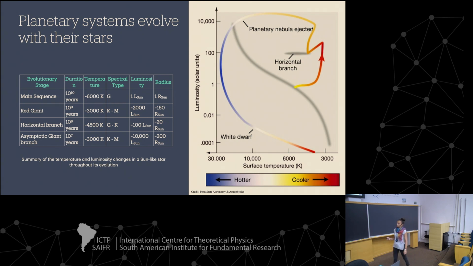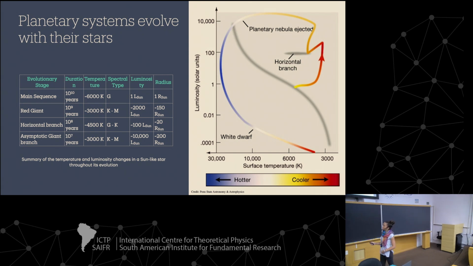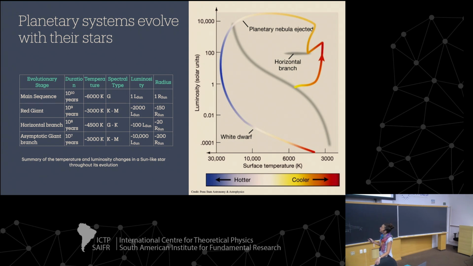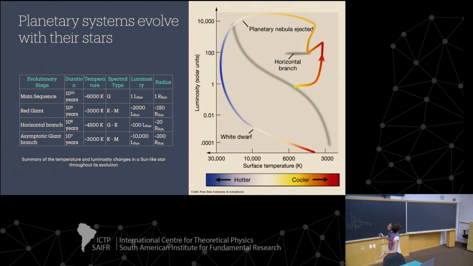Just to give you an idea, these are typical values for a sun-like star, and have a look at the radius evolution. In the main sequence it's 1 solar radius, then you have 150, and then it decreases again in the horizontal branch, which is here, and then you go up to 200 solar radii in the asymptotic giant branch, right?